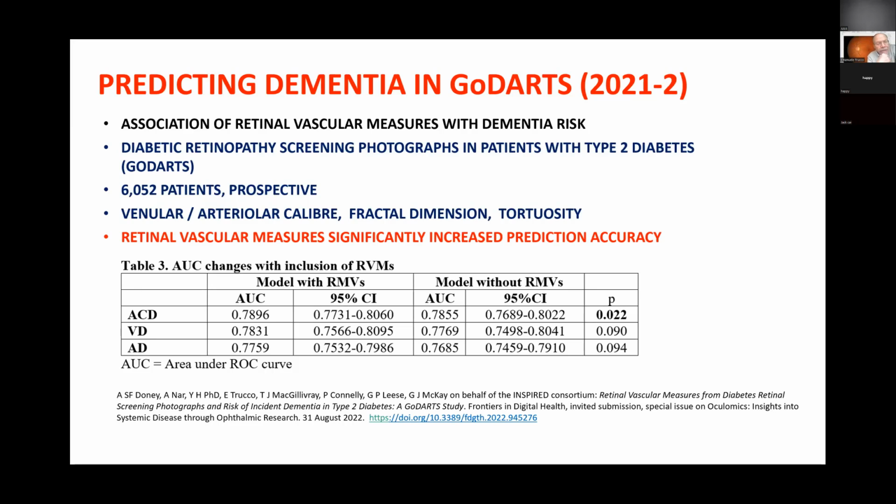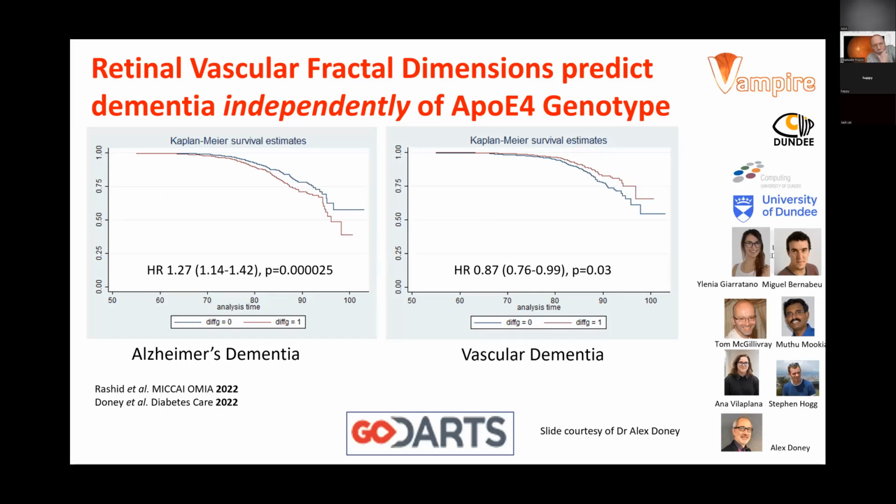There are, of course, a lot of details that I am skipping, independently of genes. So independently means that it seems from our results that information brought by the retina complements the information that you have in your genome.